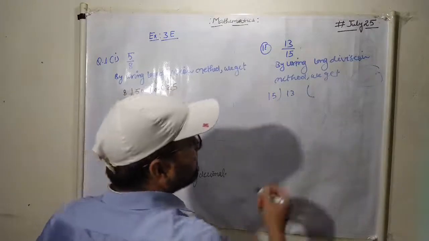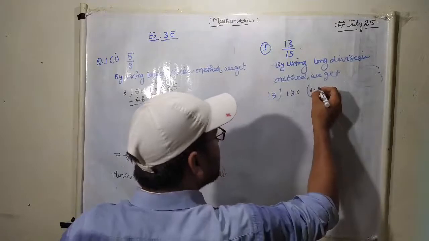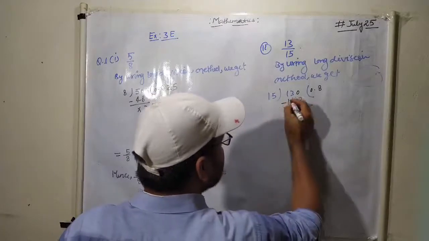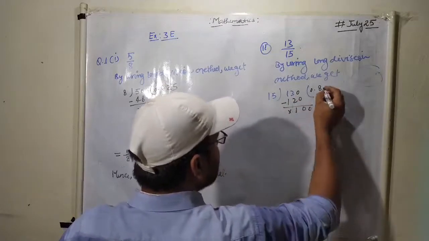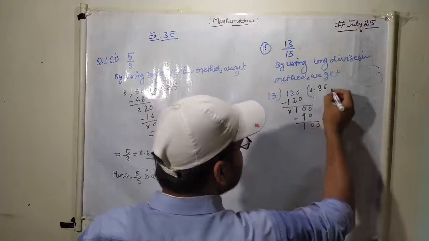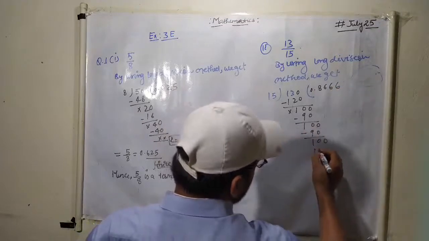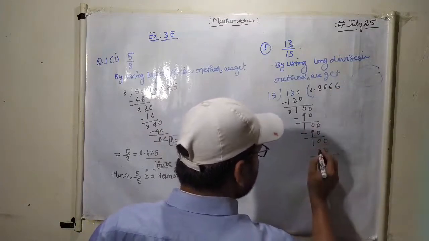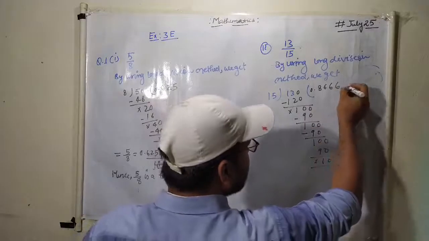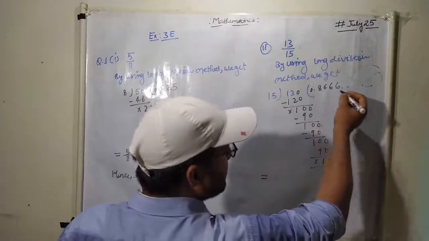See this one, student, 0.130. 8 times 15, 8 fifteens are 120, then 10, decimal, 6 times 90, then again 6 times, which means you can see that after 8 then 6, the 6 repeats.